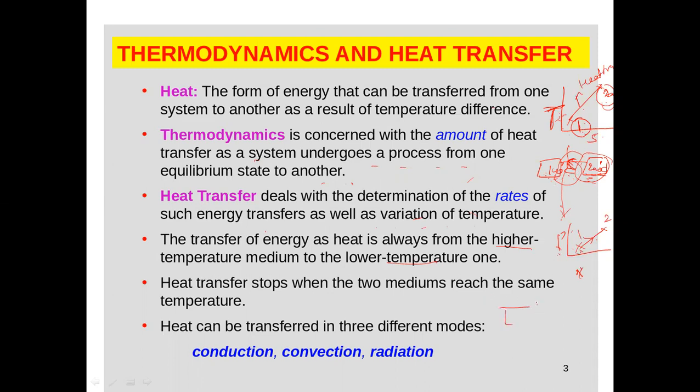If you take one system at 100 degrees centigrade and another at 200 degrees centigrade, heat flows from the higher temperature body to the lower temperature body. If both reach 150 degrees centigrade, there will be no heat transfer. That means heat transfer stops when the two mediums reach the same temperature.